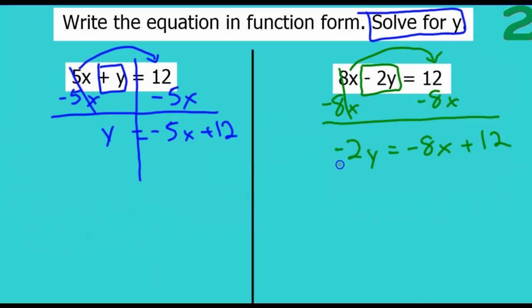Trying to get y by itself, so these are touching, so they're multiplied. So I'm going to divide by -2. When we divide, we divide everything. So -8 divided by -2 gives us a positive 4x. 12 divided by -2 gives us a -6.